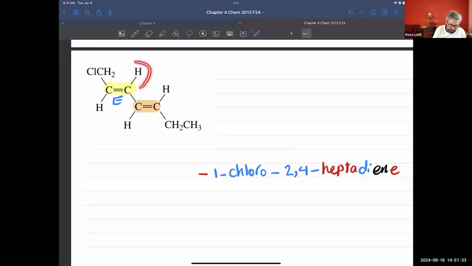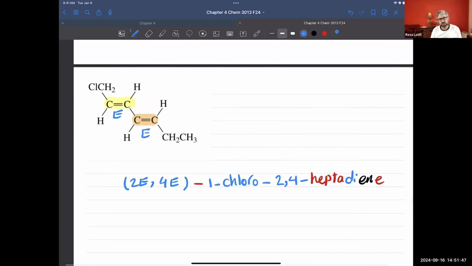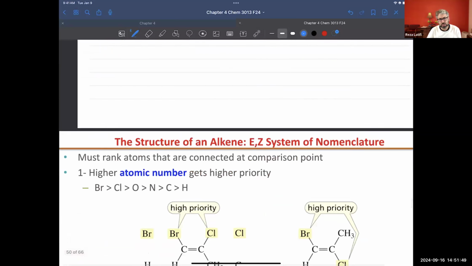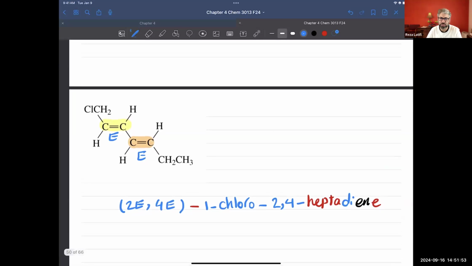The first substituent will be that one, and the second substituent is there. So that one also is going to be E. So in that case, you will say 2E, and the fourth also has E structure. Okay, I'm going to stop the lecture here. Thank you very much.